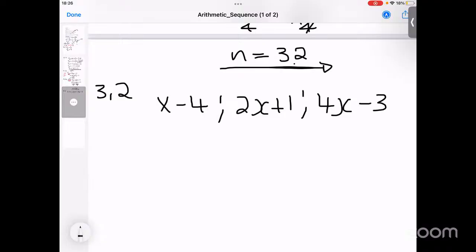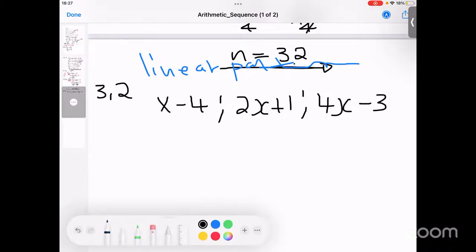So the way in which you approach this question is for you to know that already they mentioned to say this thing is a linear number pattern. What do we know about a linear or arithmetic number pattern?